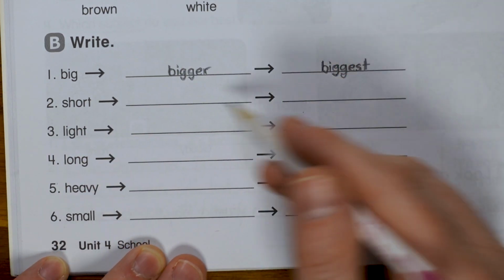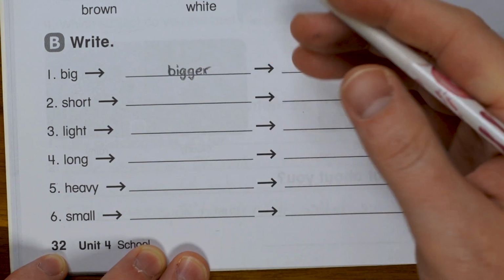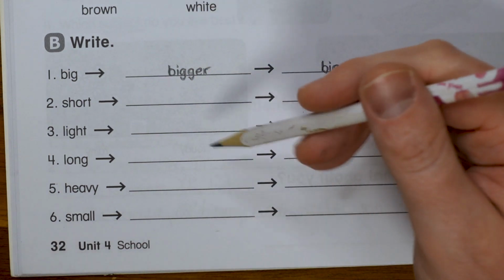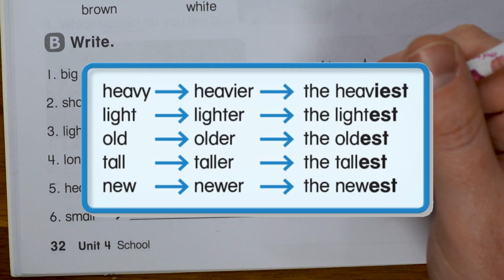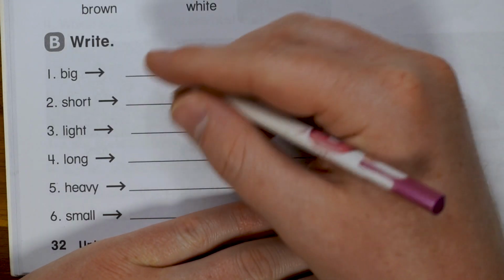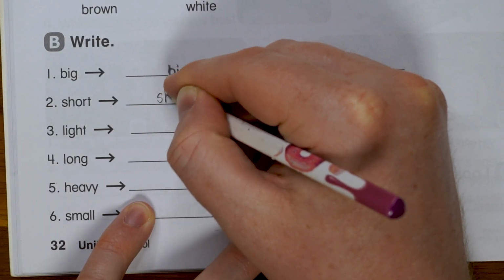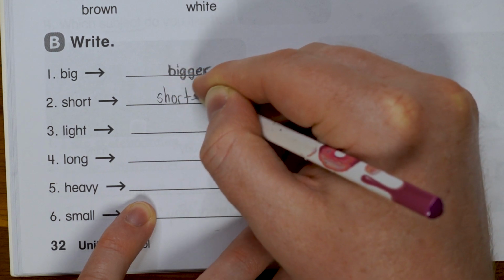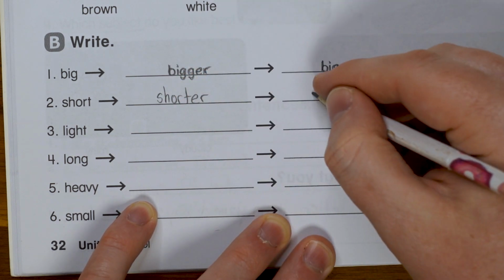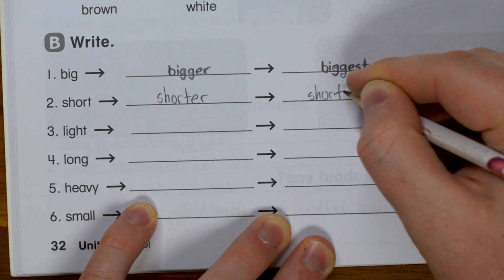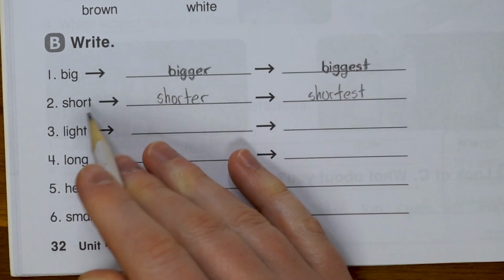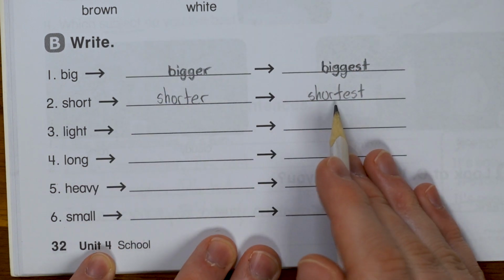And the next one is short. So some of these, not all of them, were in your student book and they looked like this. Okay, short, we add shorter, S-H-O-R-T, and then just add E-R. Shortest, S-H-O-R-T-E-S-T. Short, shorter, shortest.